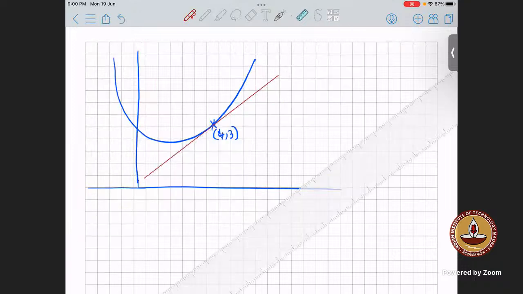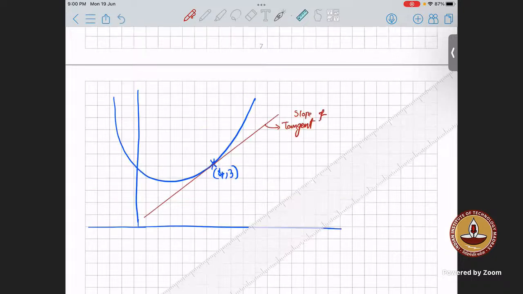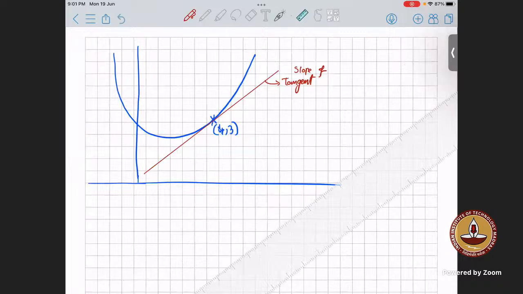This is the tangent. Yes, slope of tangent. What does the tangent mean? Look, you need to understand.